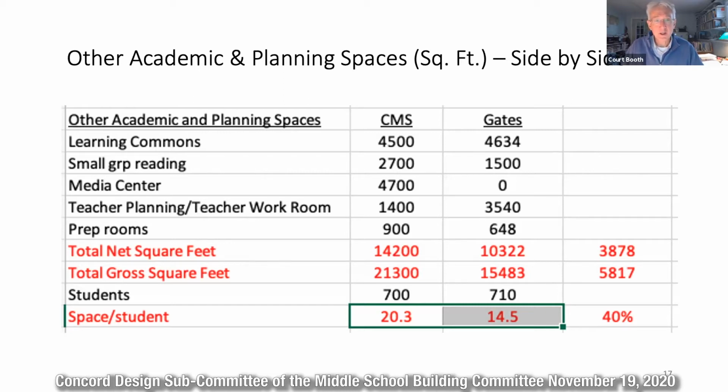It tells us that on the other space, we have 20 square feet, and it is somewhat different than Gates. The important number here is, were we to achieve Gates, and I'm not suggesting that's a cost we're willing to pay instructionally or bear financially, that's not my portfolio here, but the difference is 5,800 square feet.